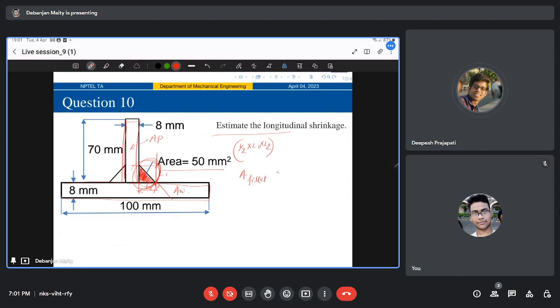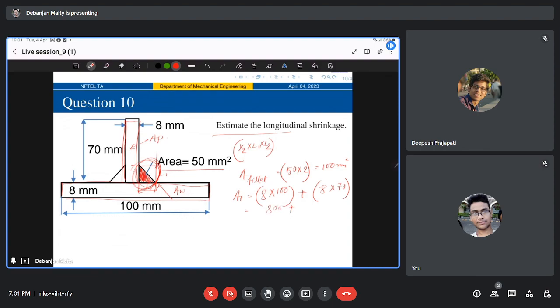A fillet is 50 into 2, that is for two fillets, which is 100 mm square. And AP is coming as 8 into 100 plus 8 into 70, right?